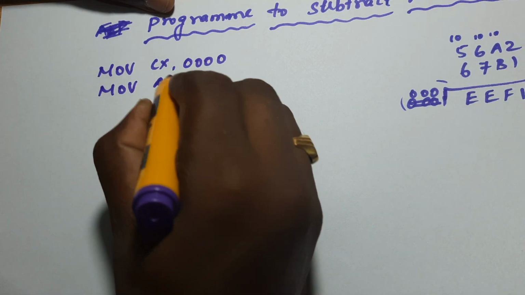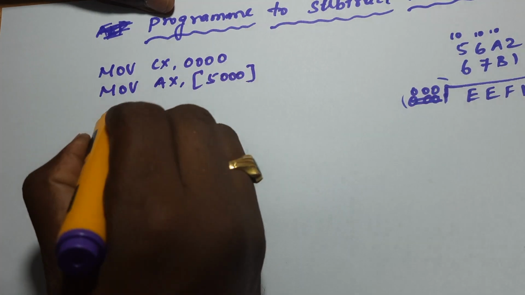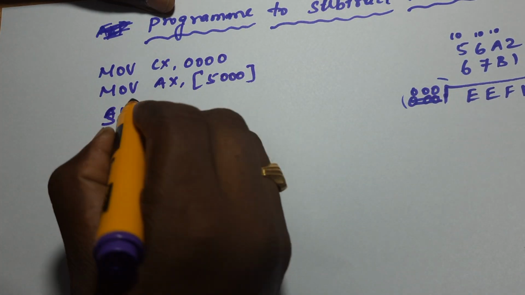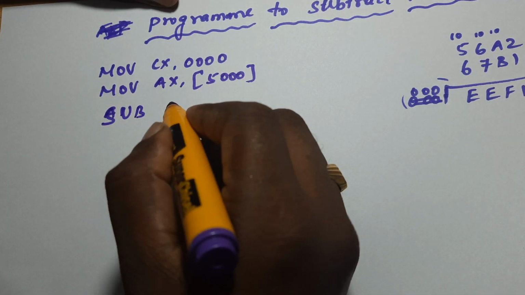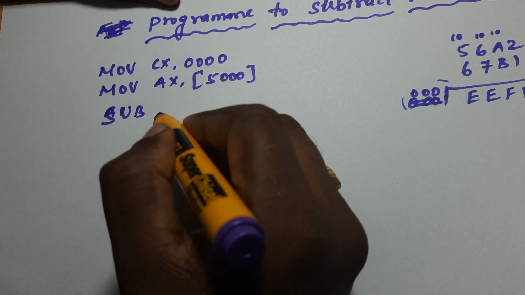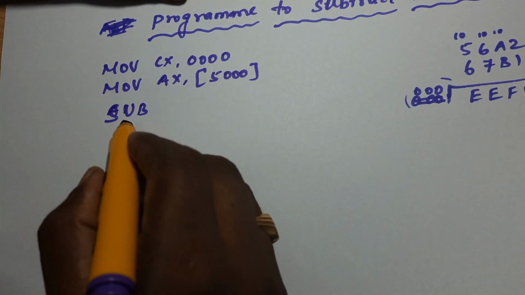Now say AX, 5000, the first value. Again we are directly subtracting. Now we need to subtract this number. If there is a previous borrow, then we need to use SBB.